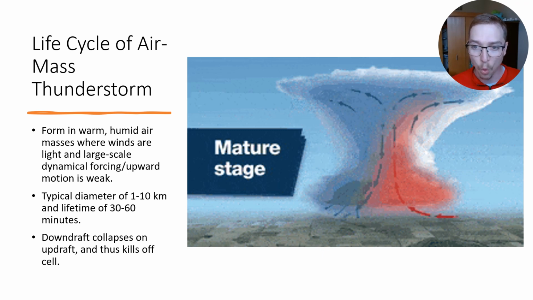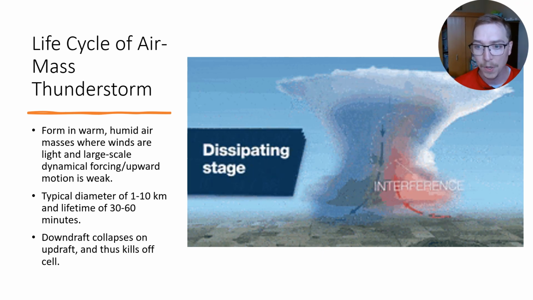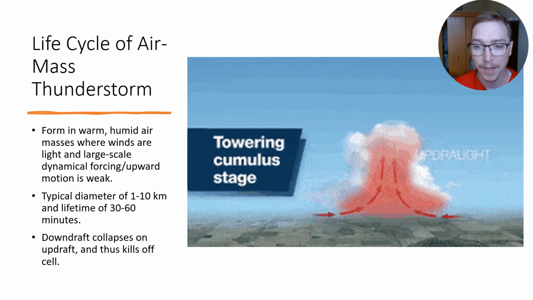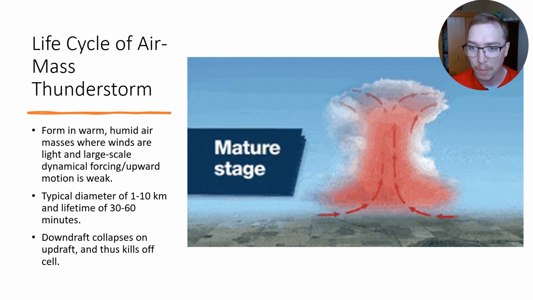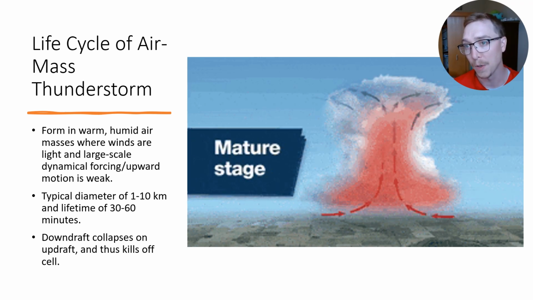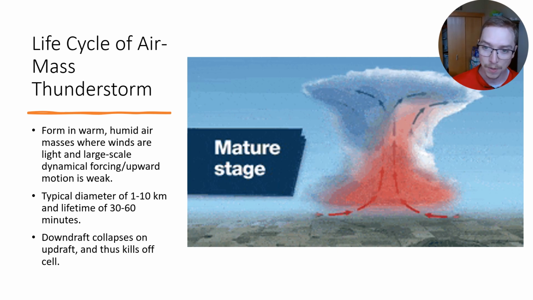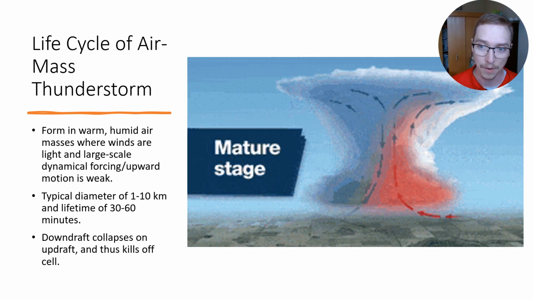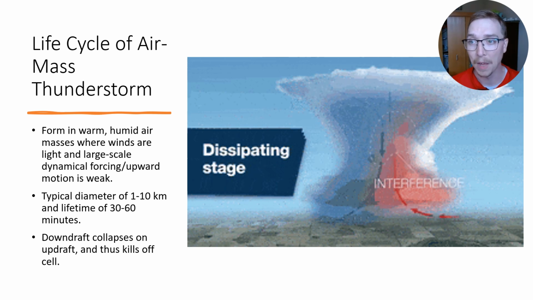We have warm air rising, cold air descending, so a downdraft, for example. And then maybe something cuts off that moisture, or cuts off that energy being fed into the storm, and it starts to dissipate. So the downdraft collapses on the updraft. The downdraft is the part moving down, the updraft is obviously the part moving up, and it can cut off the cell and prevent further development.